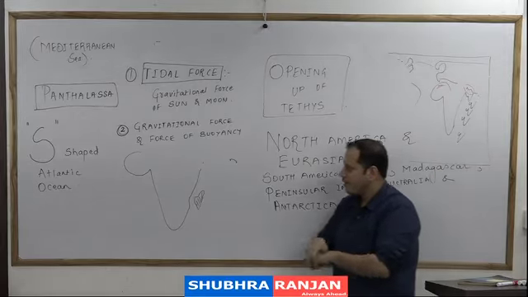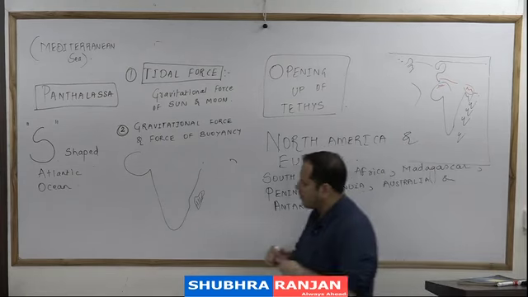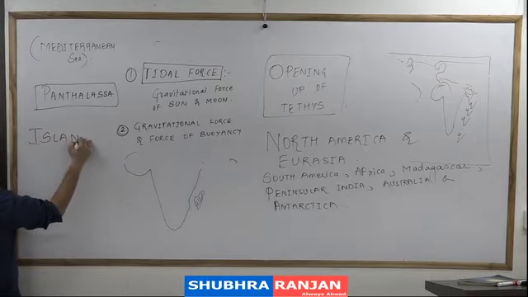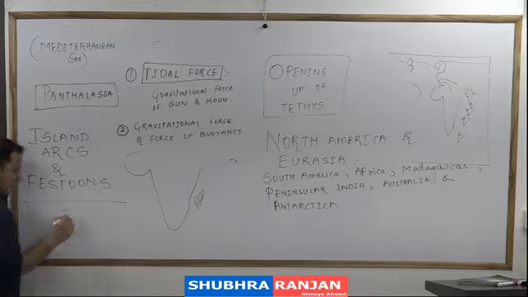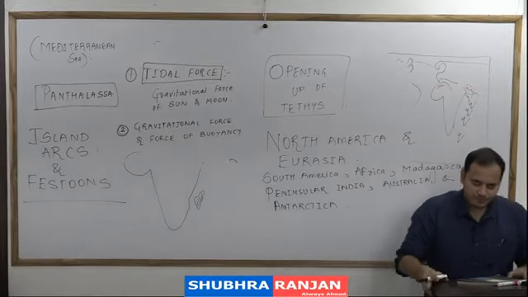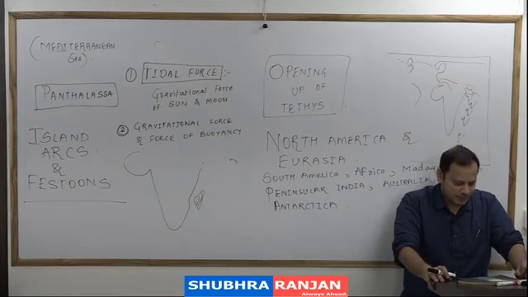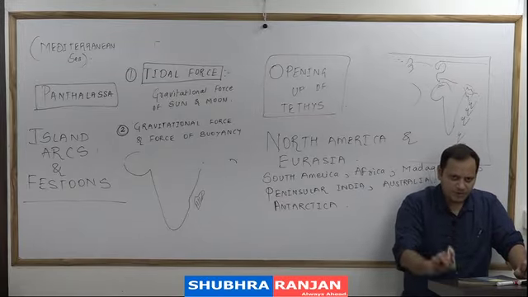Next point. According to him, island arcs and festoons were formed due to the differential rate of movement, different rate of movement.